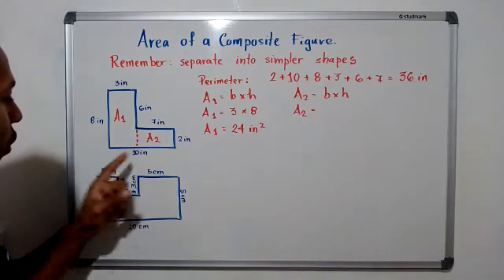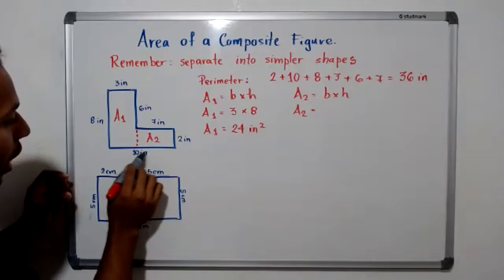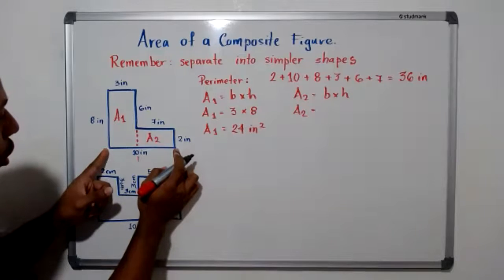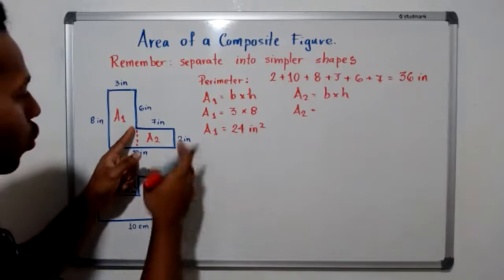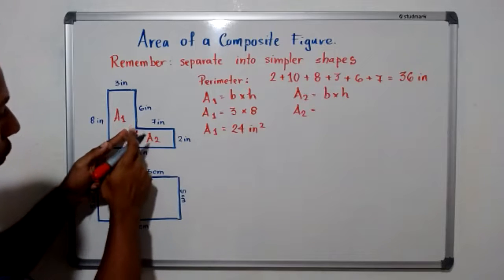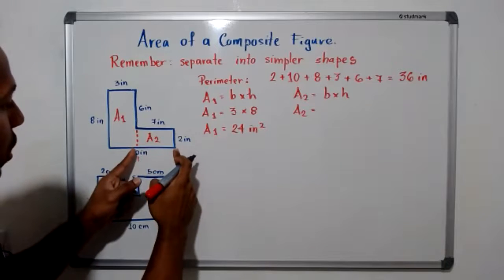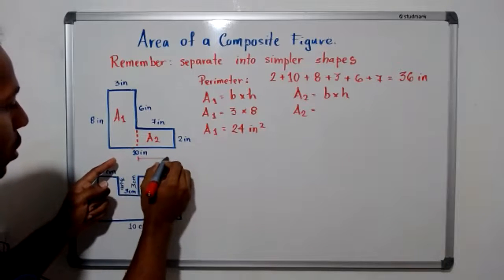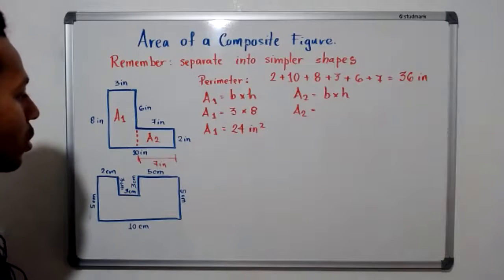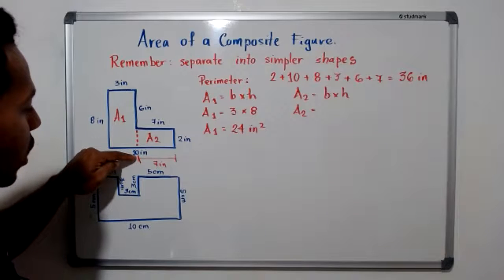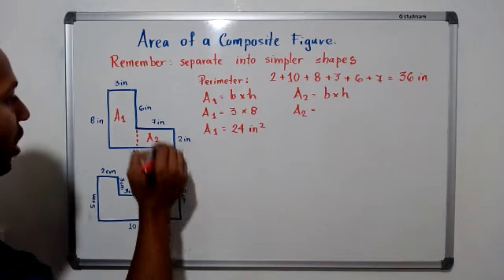So what is the base in this figure? Okay. The base is from 10 and 2. We cannot use 10 because 10 goes all the way along. 7 inches. You need to use 7 because we separate the figure here. 7 from this side to this dimension. That's the same thing as taking 10 inches and subtracting 3 inches from the 10, and we get 7.